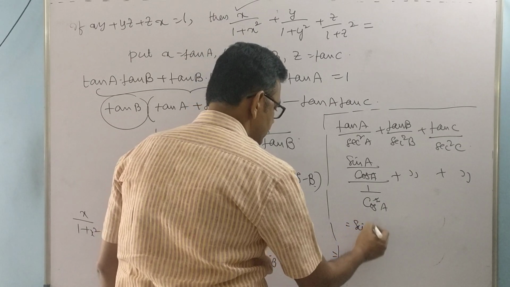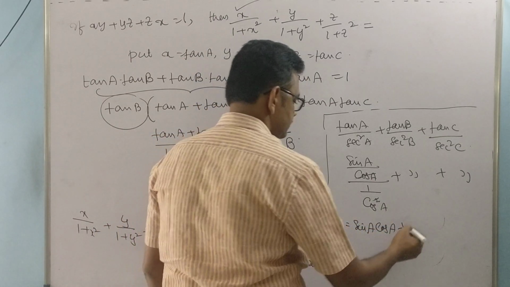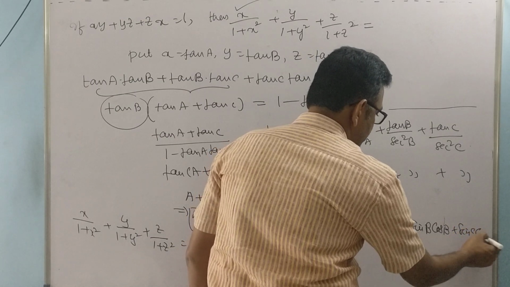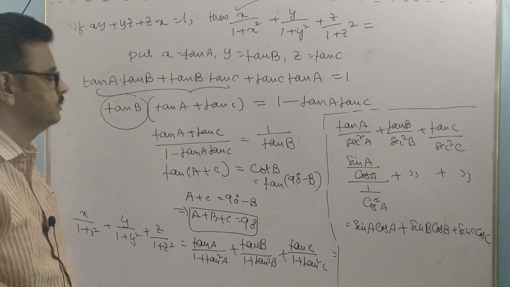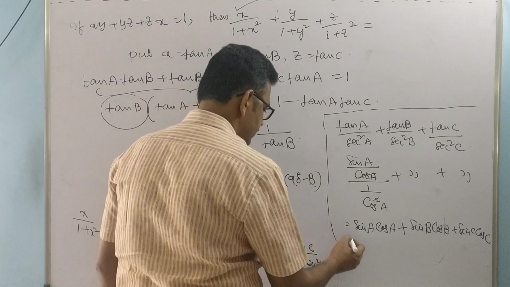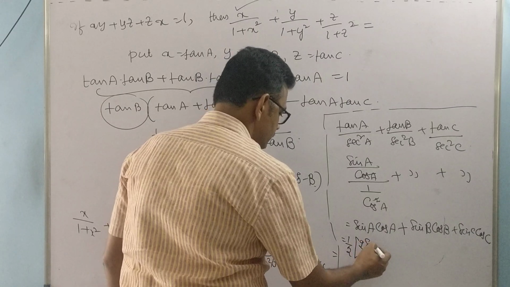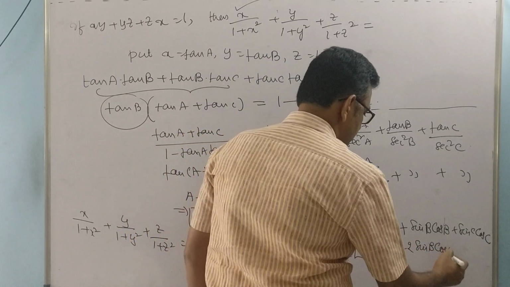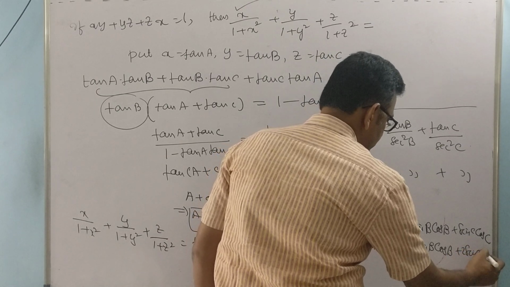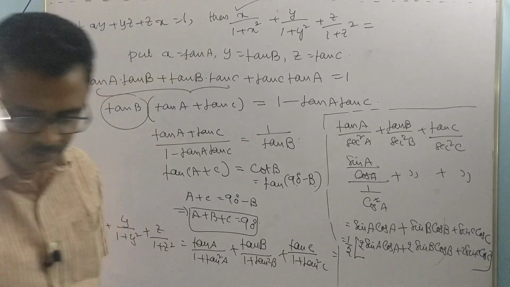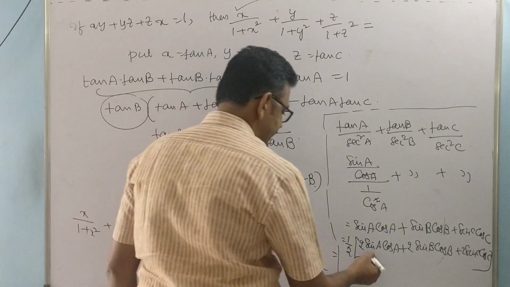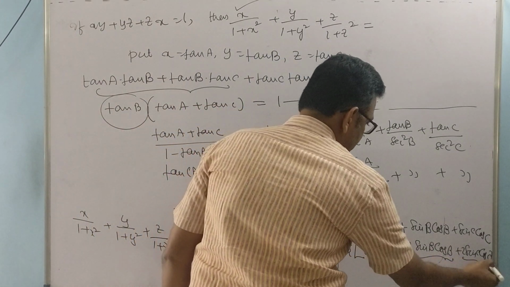That is equal to sin A cos A plus, similarly, sin B cos B plus sin C into cos C. Now multiplying and dividing by 2, this is 2 sin A cos A plus 2 sin B cos B plus 2 sin C cos C. So this is sin 2A plus sin 2B plus sin 2C.